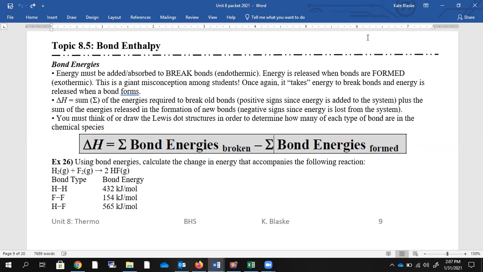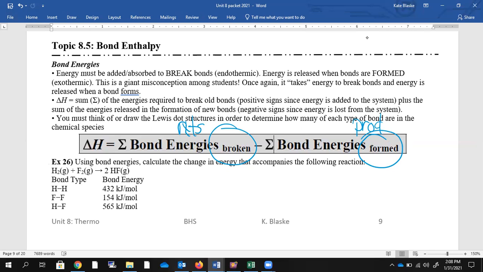The bonds we are breaking are going to be in our reactants. If we are forming bonds, we are forming bonds in our products. So technically, this is the bond energies of the reactants minus the bond energies of the products.